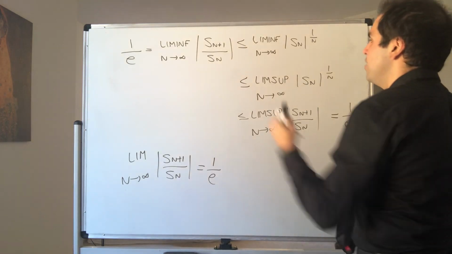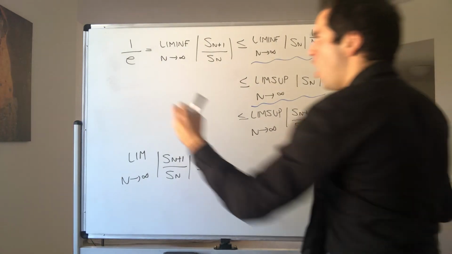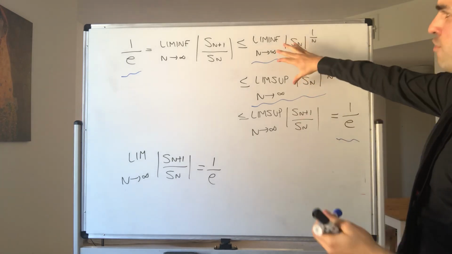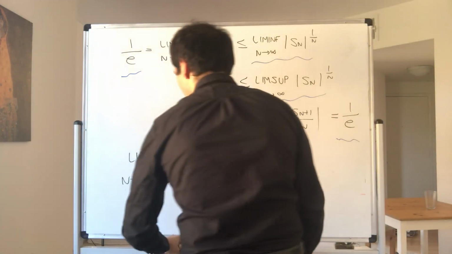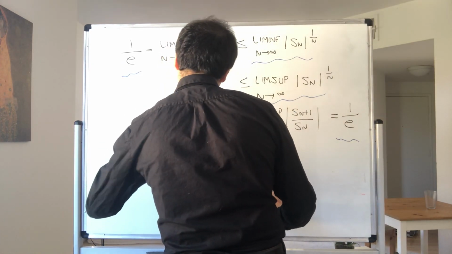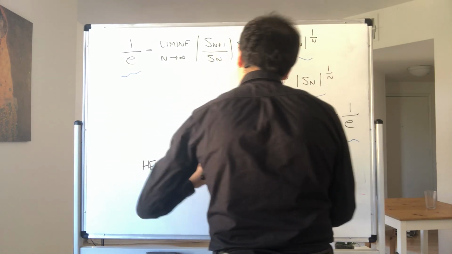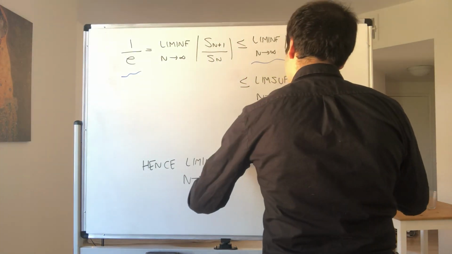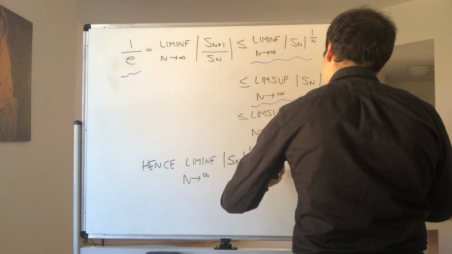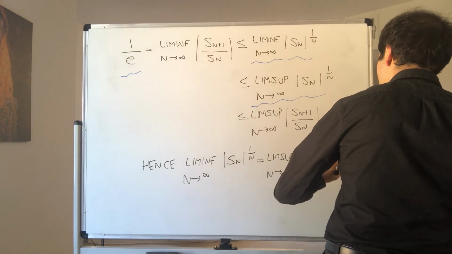So what do we get? We get that the lim inf and the lim sup here are squeezed between 1 over e and 1 over e. So therefore, those two things must be equal. Hence, the lim inf as n goes to infinity of S_n to the 1 over n is the lim sup as n goes to infinity of S_n to the 1 over n, which is 1 over e.